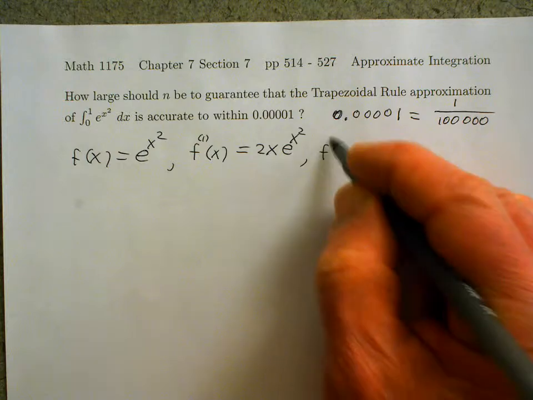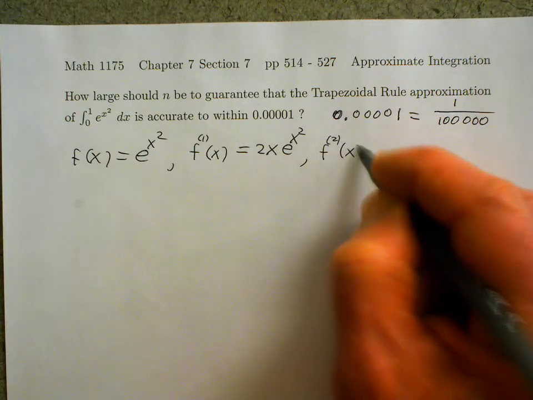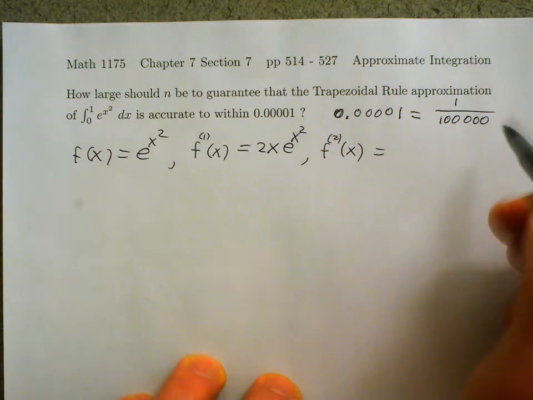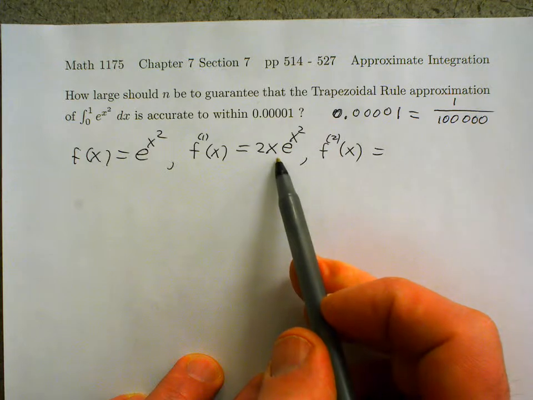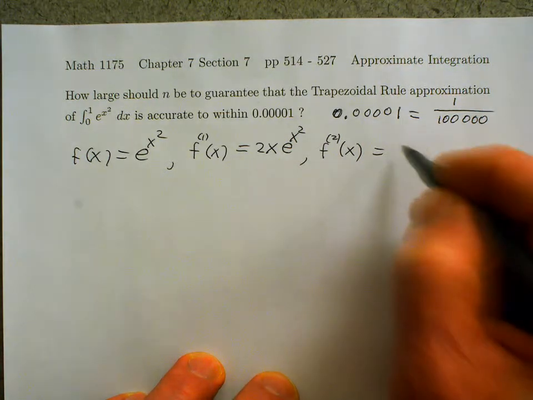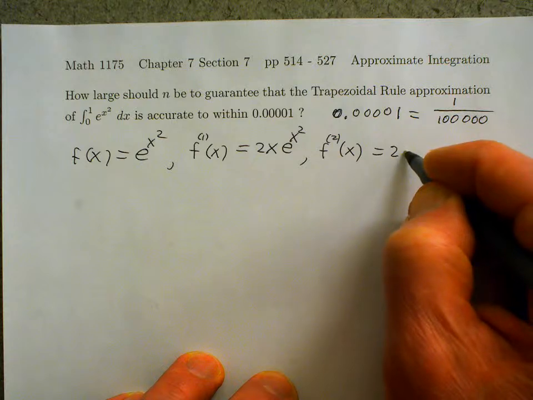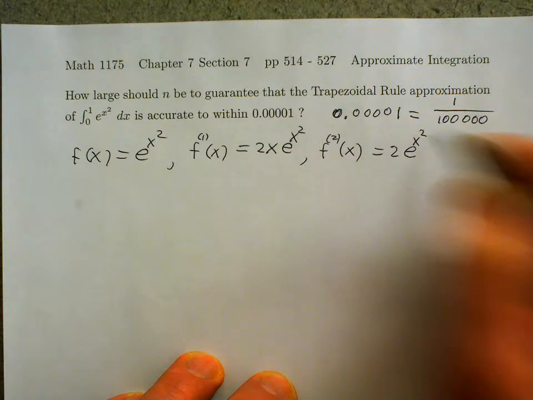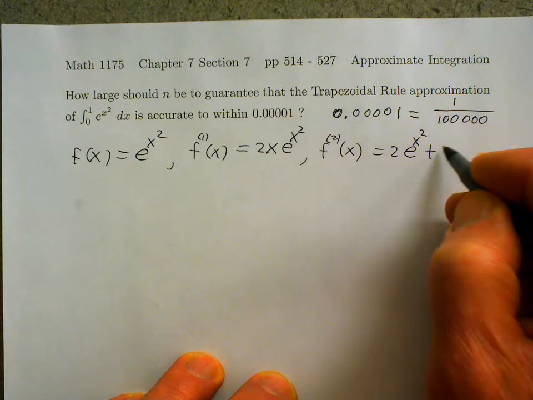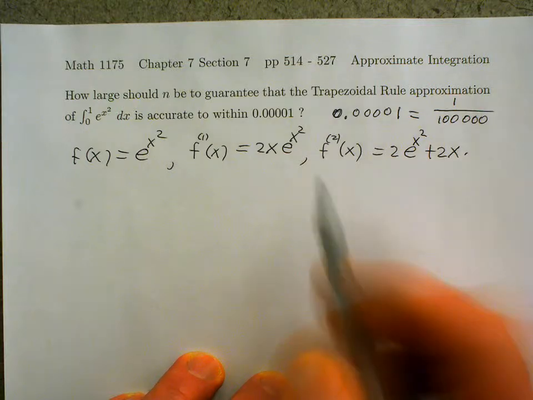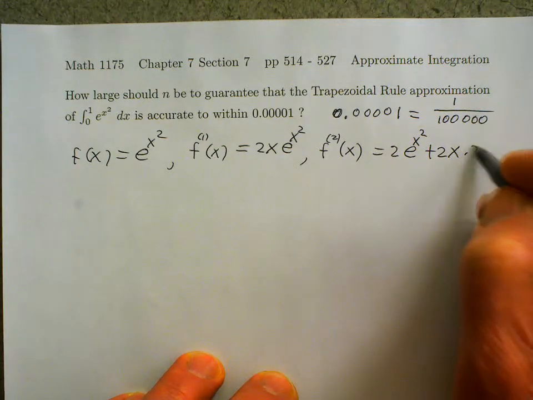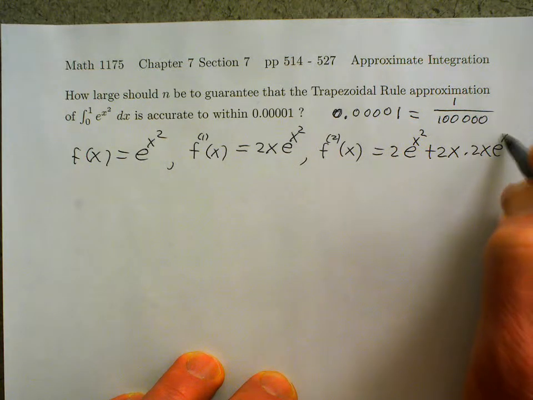And then the second derivative, first we use the product rule: the derivative of 2x with respect to x is 2 times e to the x squared, plus 2x times the derivative of e to the x squared, which is 2x e to the x squared.